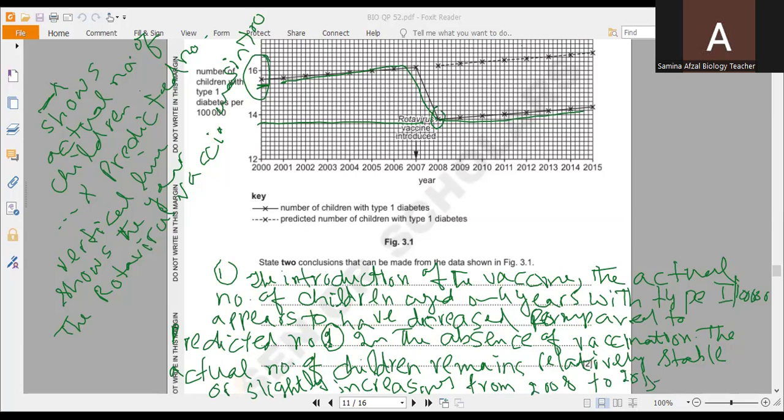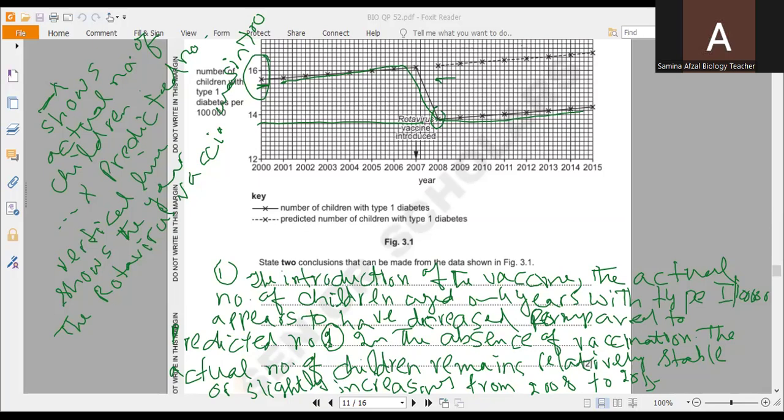So you can see, if there is no vaccination introduction, it remained throughout 2008 to 2015 relatively high. So the dashed line, representing the predicted number of cases without the vaccine, maintains a level generally around 16.